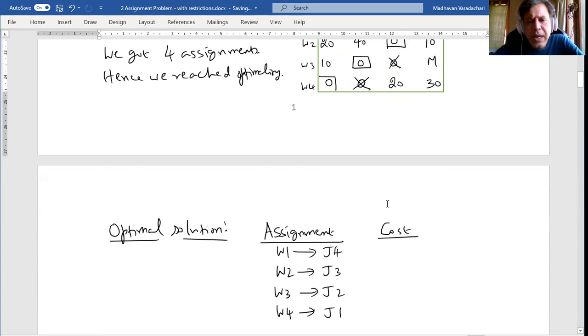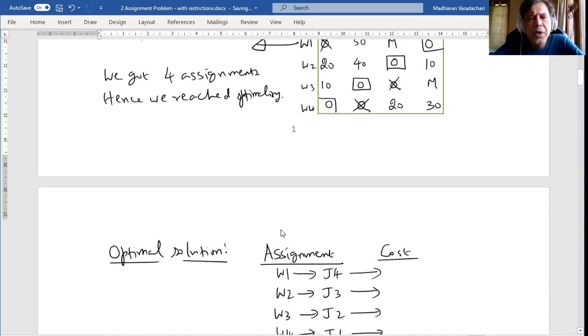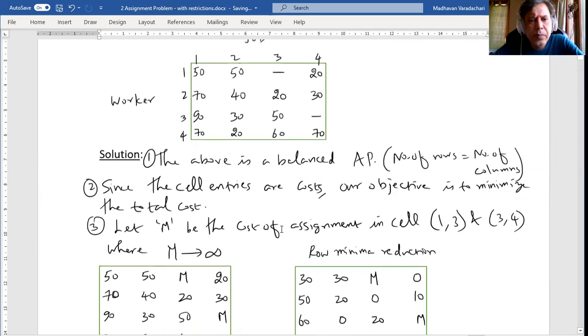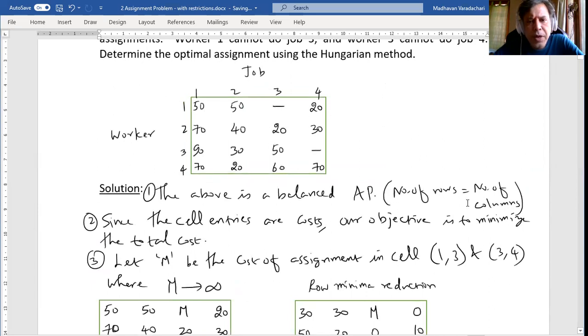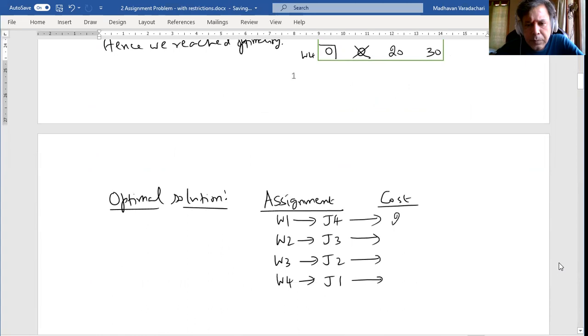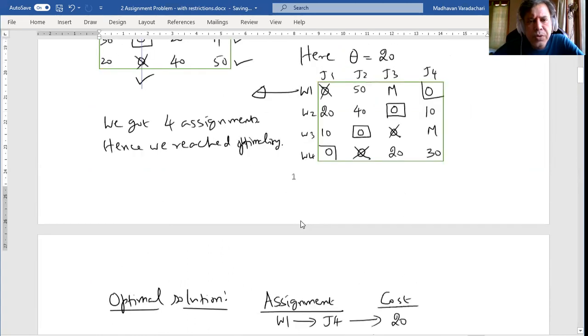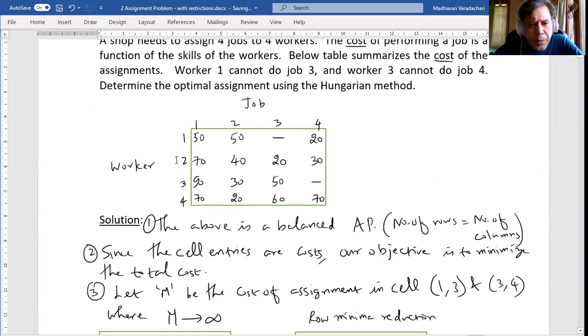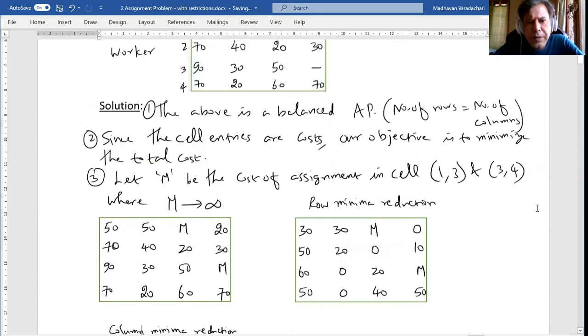Now let us identify the cost from the original table. For W1 to J4, it is 20. W2 to J3, it is 20.